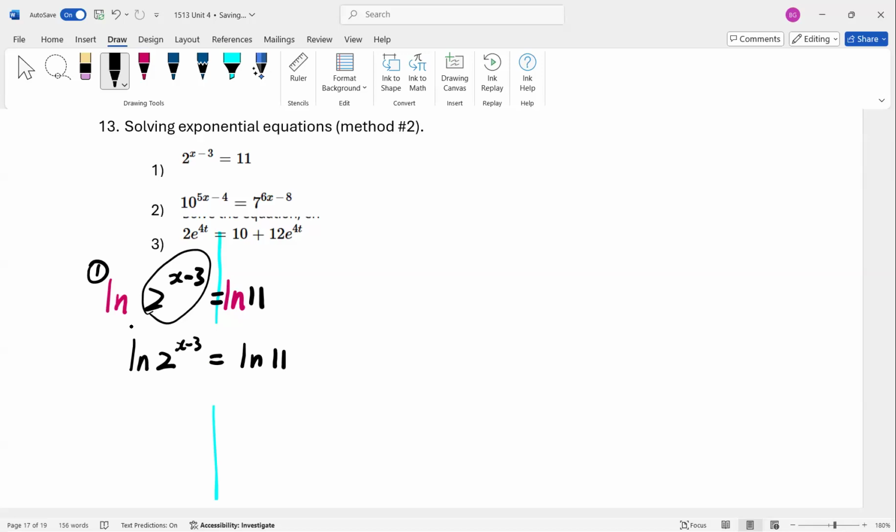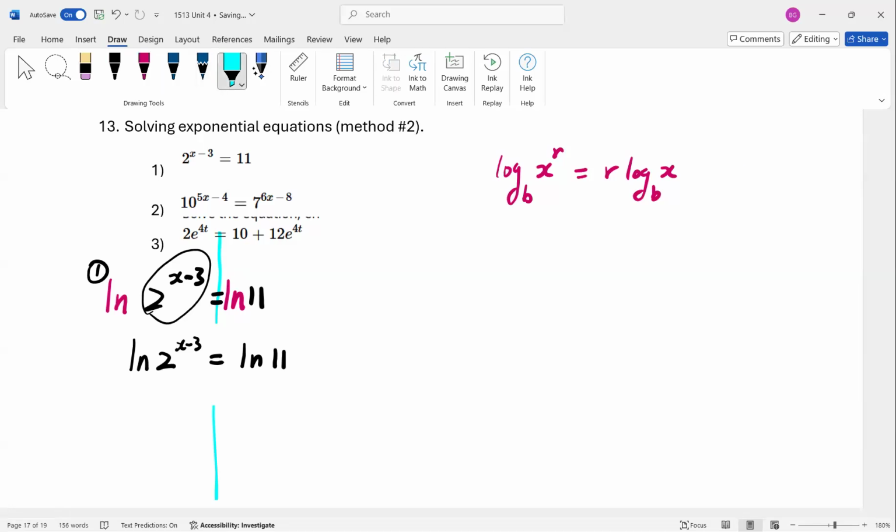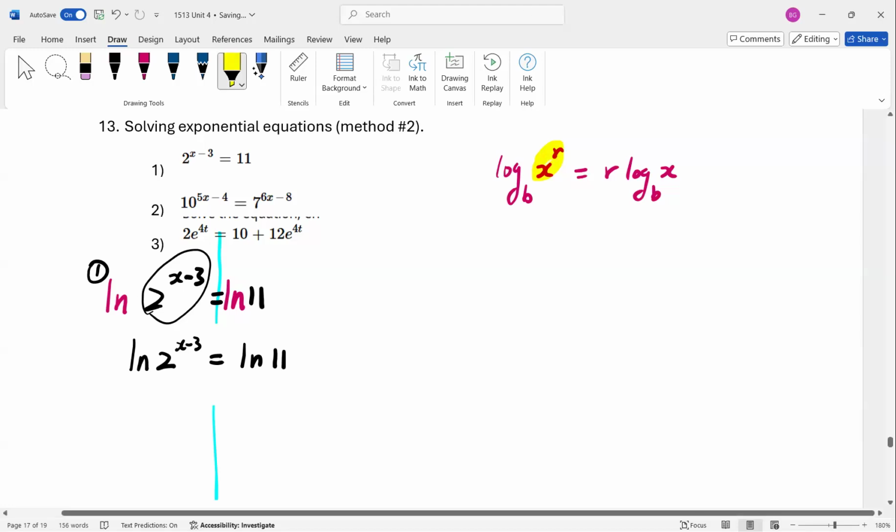The argument is a power. Do you guys remember the power rule? Log with base b of x to the power of r equals r times log with base b of x. When the argument of a log has a power, we can move the exponent in front of the log. I hope you remember this formula.